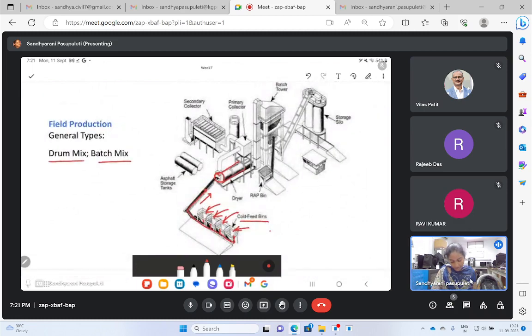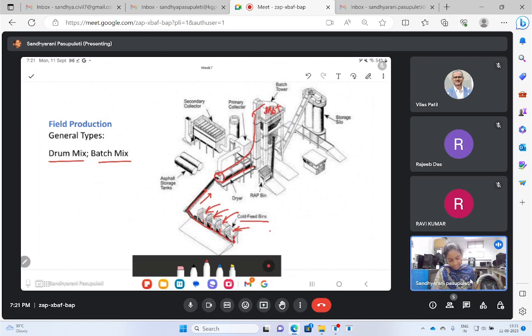Once those aggregates have been dried, we already have the asphalt storage separately, we don't need to worry about that. These dried aggregates will be taken to an elevated place where the aggregates will be separated according to the sizes.